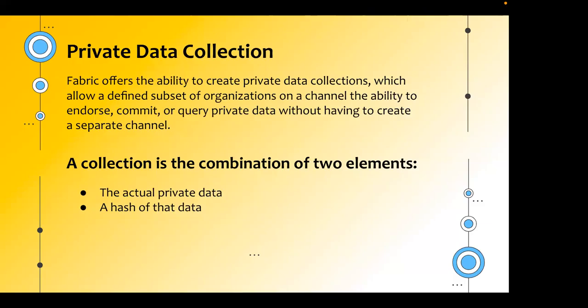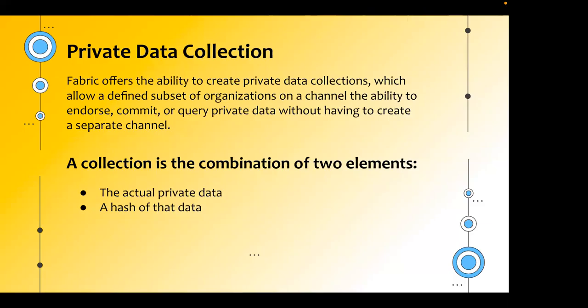Let's say you have 3 organizations in the network, and each organization has two peers: peer 1 and peer 2 for the first organization, peer 1 and peer 2 for the second, peer 1 and peer 2 for the third. So in total, 3 organizations and 6 peers.